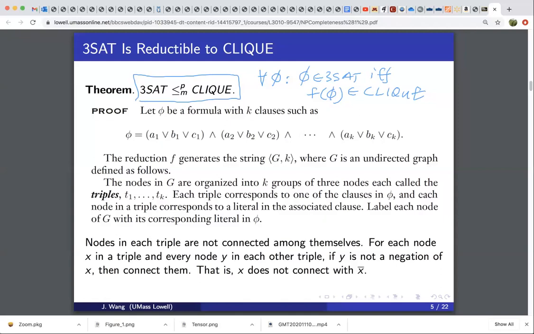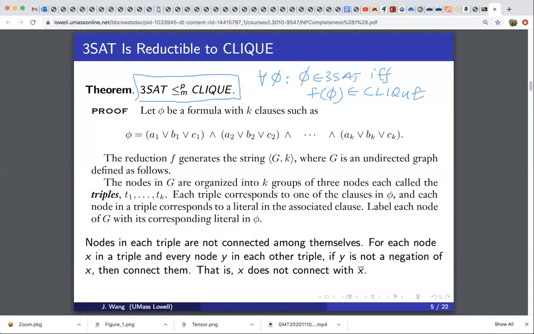We're going to use nodes to represent the literals, and then we're going to use edges to represent the relationship that we can use to represent the Boolean formula, in the sense of satisfiability. So that's the direction we want to go.